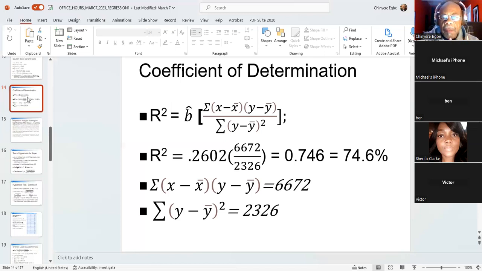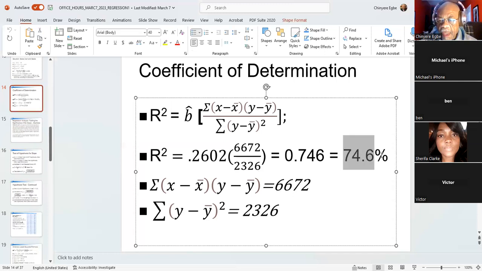That gives you the coefficient of determination, which is very easy. You already have all the numbers. So it's 0.2602 times 6672 over 2326, which is 0.746.